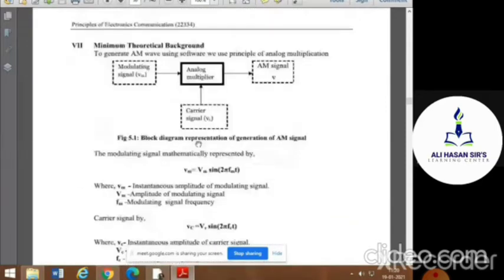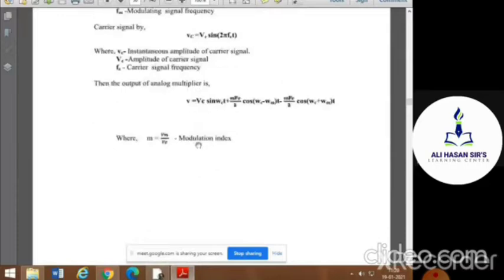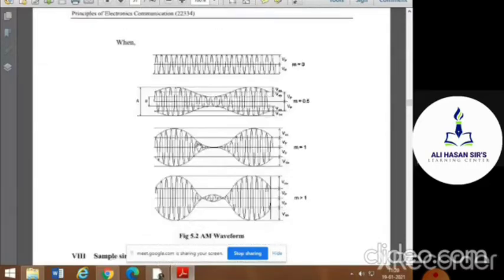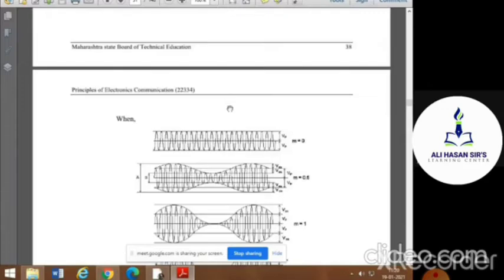In amplitude modulation, the carrier wave varies its amplitude with respect to the amplitude of the modulating signal, which results in the AM modulated wave.